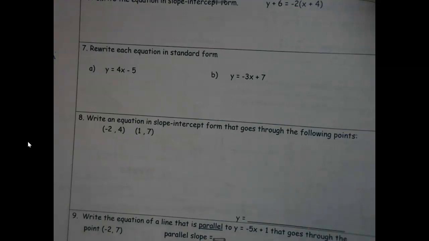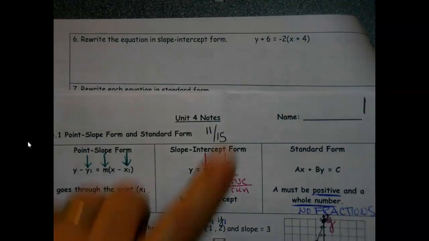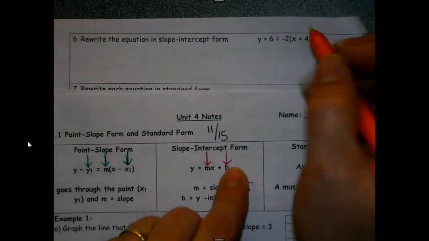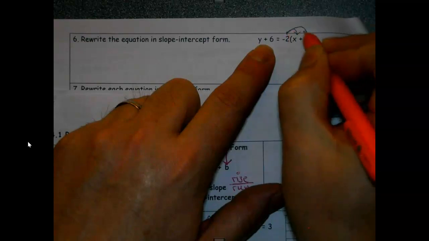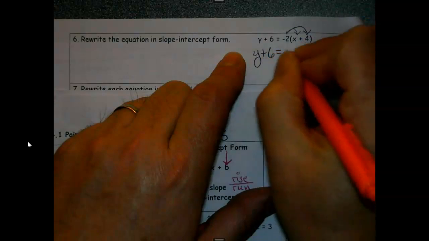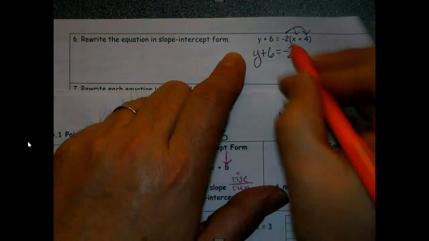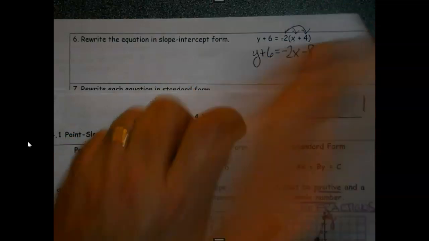Okay, rewrite the equation in slope-intercept form. I'm back to my notes again. So this time we want to solve for y. The parentheses need to go. Make sure that -2 gets to the x and to the 4. That's why I put the arrows in there to remind me.